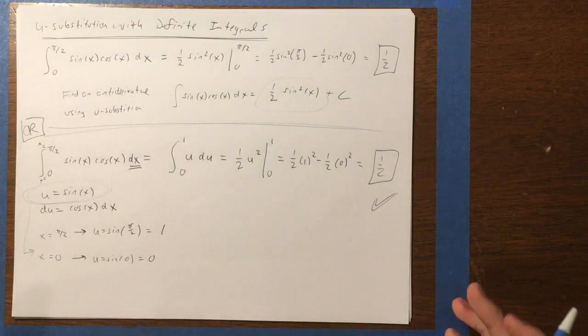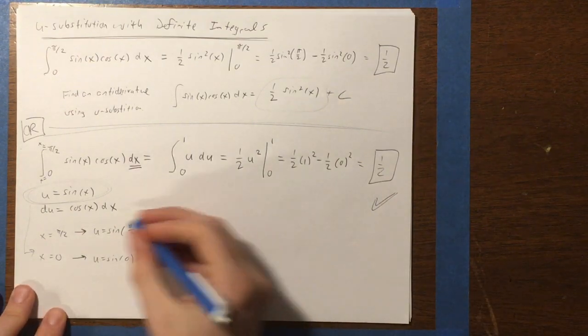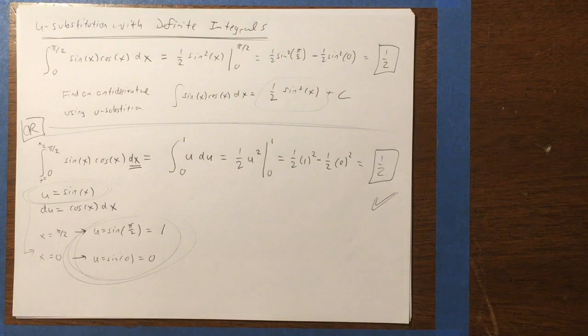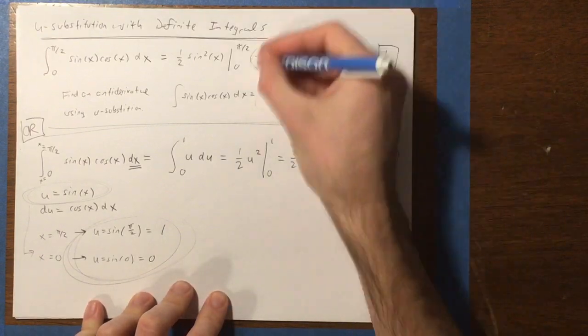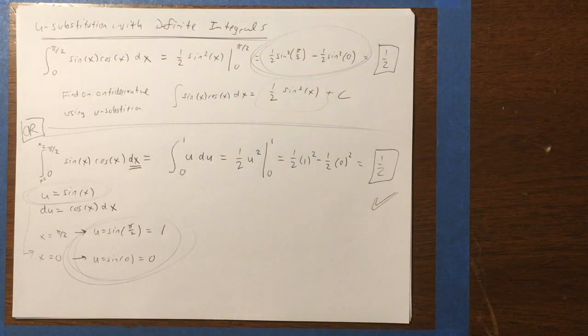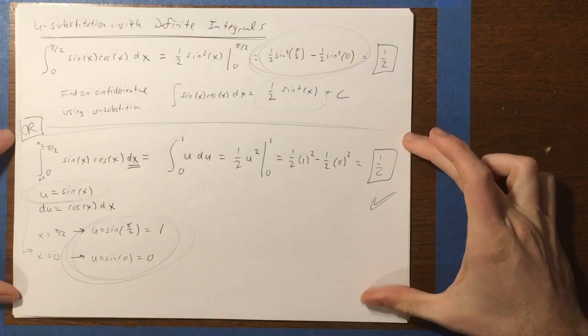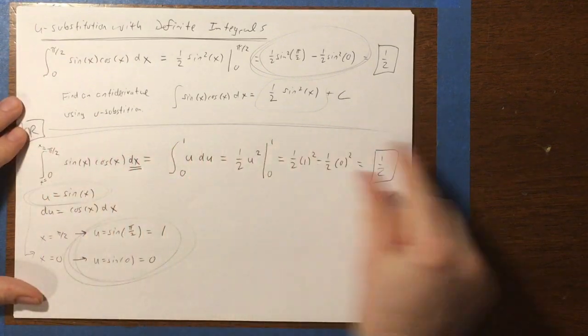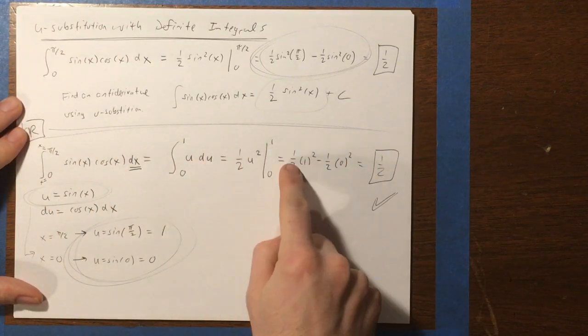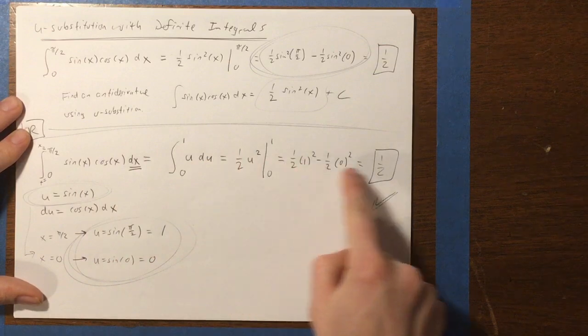Essentially, you're doing the exact same work, because what you were doing down here with calculating sine of pi over 2 and sine of 0, you would have been doing up here anyway. It's just a matter of how you like to approach it. With the second strategy, it has this nice linear sequence of equals, right? This equals this equals this equals this.